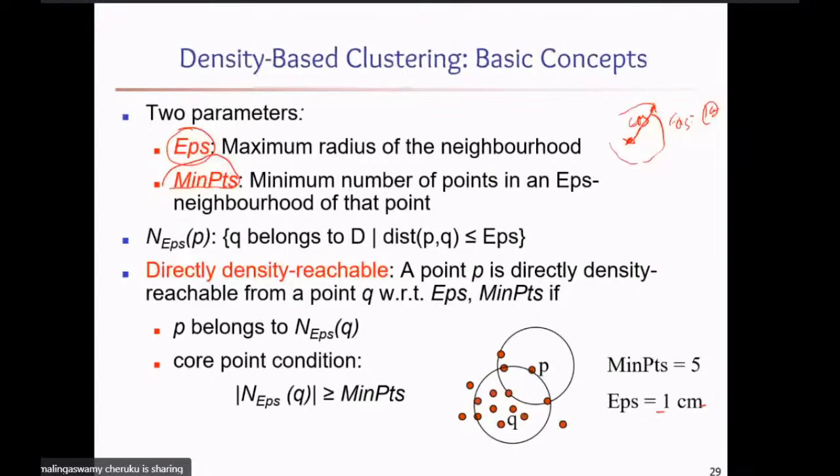Right. Now let us discuss what is directly density reachable. A point P is directly density reachable from a point Q with respect to epsilon and the minimum number of points if P belongs to the epsilon neighborhood of Q and Q satisfies the core condition. What is the relation between these two points?